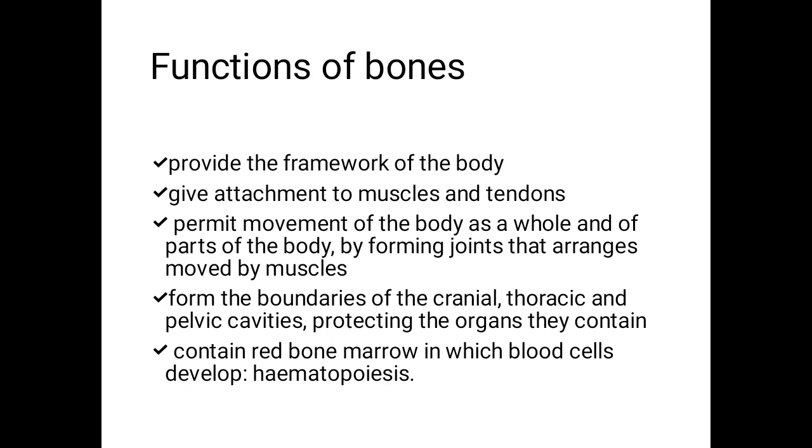So we talk about the thoracic cavity. Under the thoracic cavity we have got the sternum, the collarbones, and the ribs themselves. All those bones help to protect the internal organs.